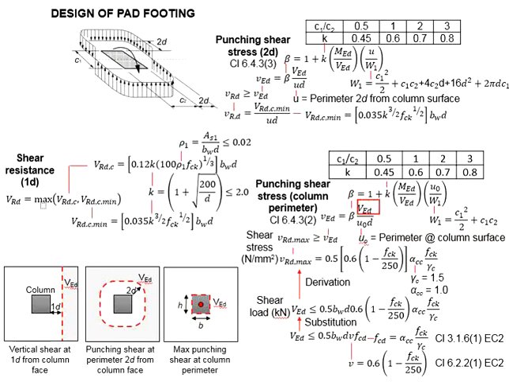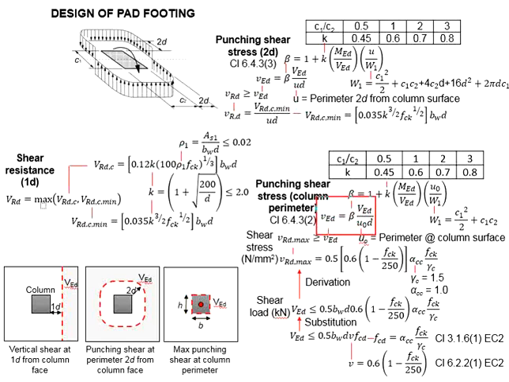Based on the ultimate shear loads, we will need to convert it into shear stress by dividing the ultimate shear loads with the effective shear area. This effective shear area is calculated based on the u0, which is the perimeter of the column face, and also the d, effective depth of the pad footing.